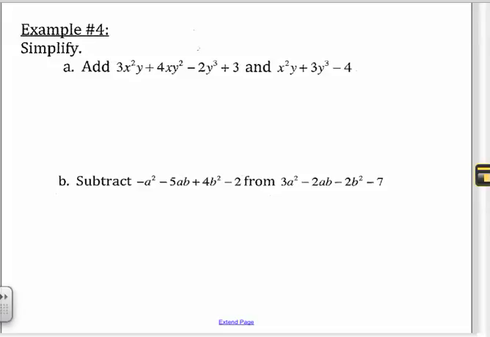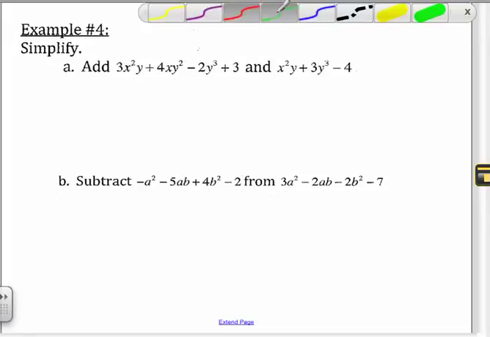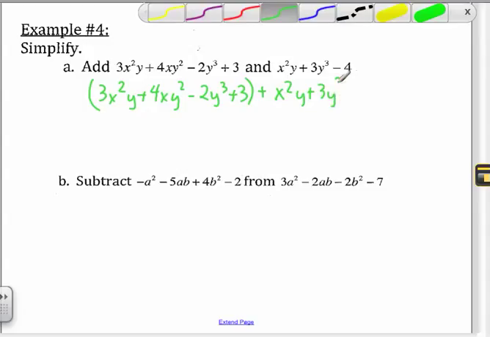Okay, here we go. It says simplify. Add 3x squared y plus 4xy squared minus 2y cubed plus 3, and x squared y plus 3y cubed minus 4.